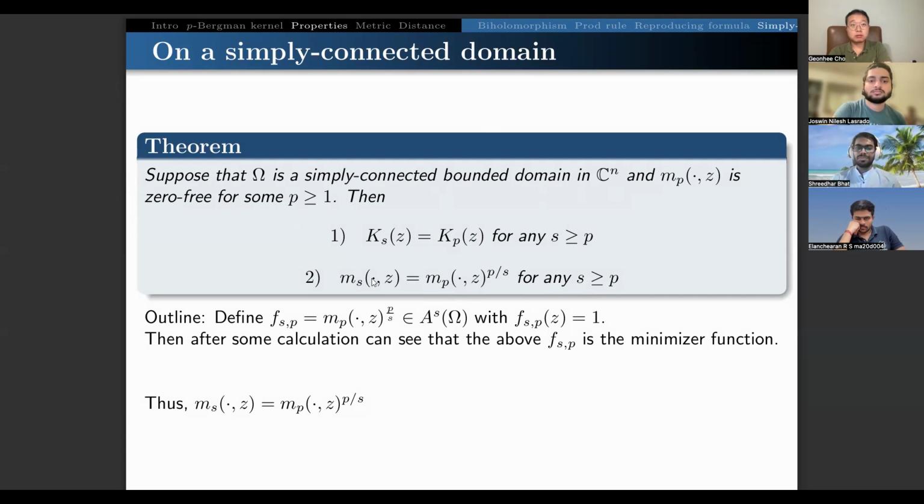So if it is zero free, then you can define this. And it turns out that this raised to the power is itself a minimal function for some higher M, as domains. So, A_s of omega. The proof is just you have a candidate and it just goes to show that it is in fact a minimal function.